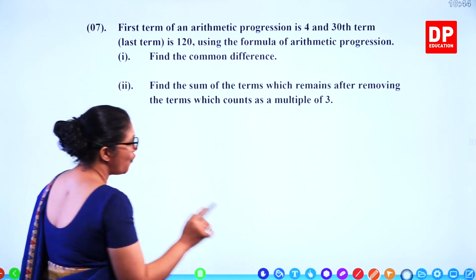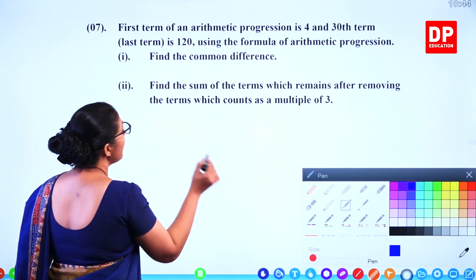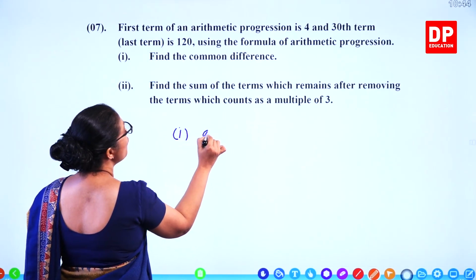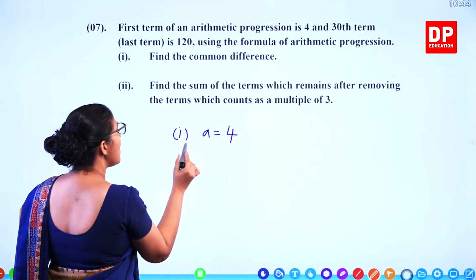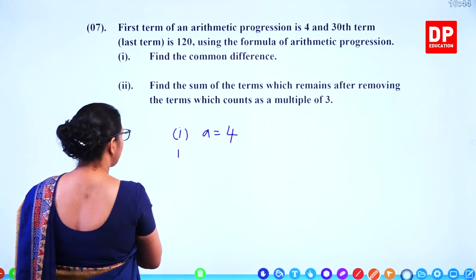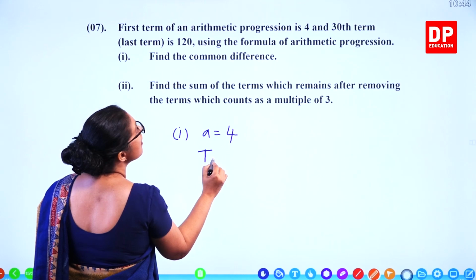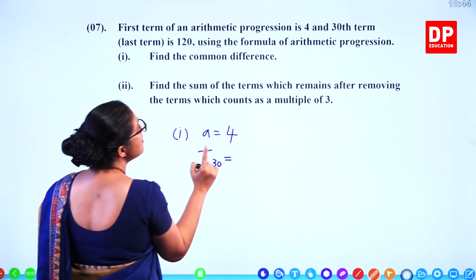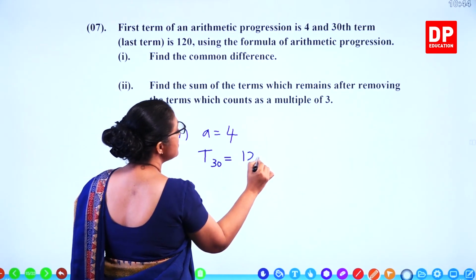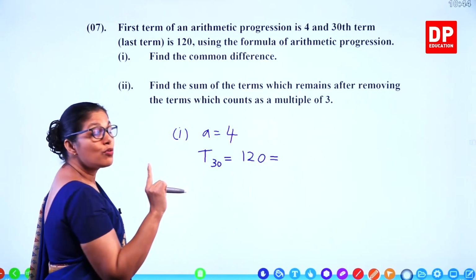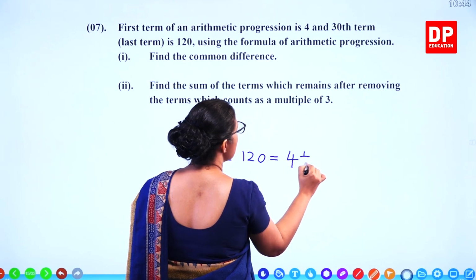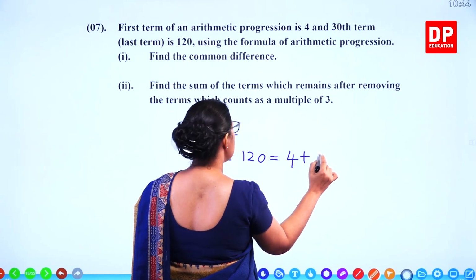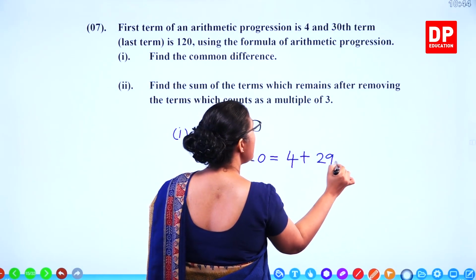First term is 4. I can write a equals 4. 30th term, that means the last term, T30 is 120. You can write using the first term, first term plus n minus 1 d. So that is 30 minus 1 is 29.